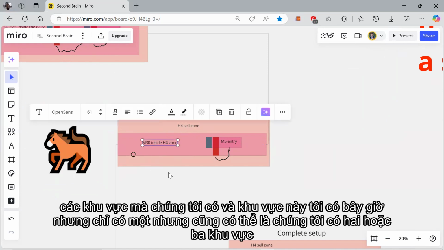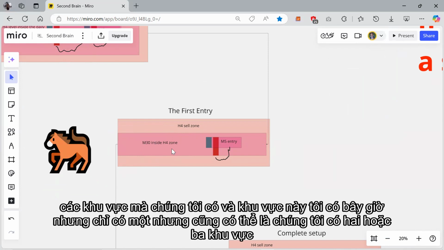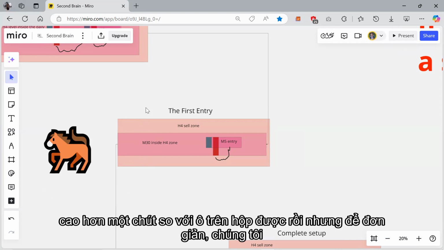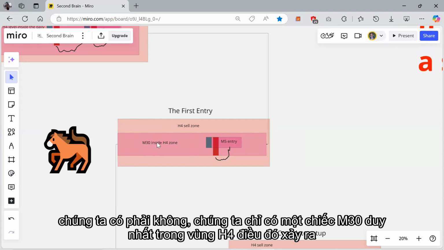I have now put only one, but it could also be that we have two or three M30 zones like this. One could be here, one could be here. It could even be a little bit higher than the box itself. But just to make it simple, we have only one M30 inside the H4 zone.